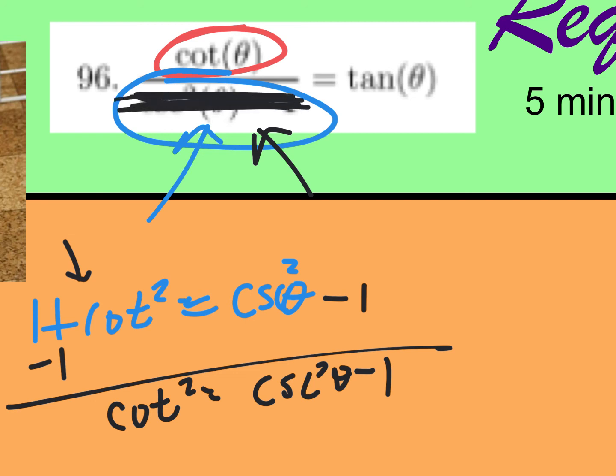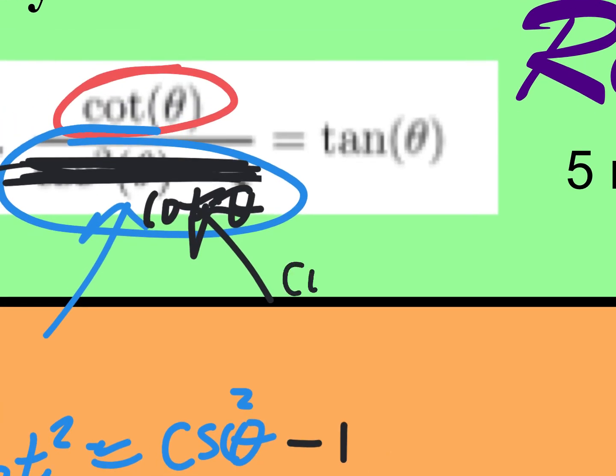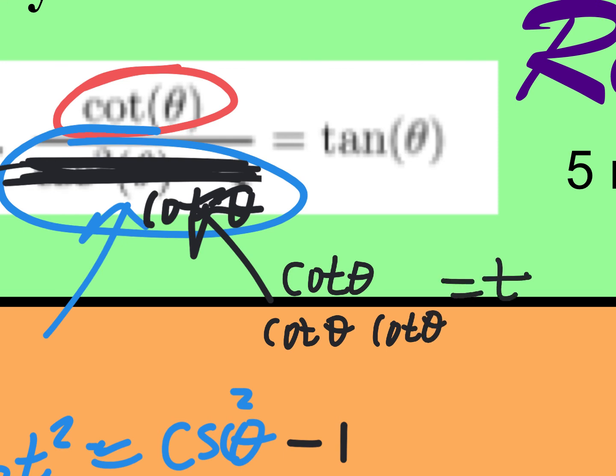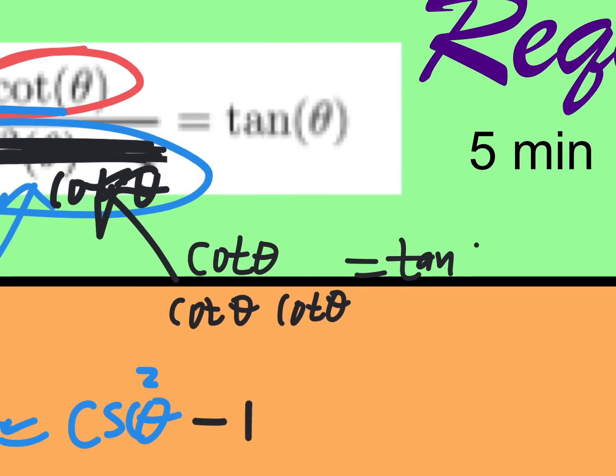And then I got a cotangent over a cotangent times a cotangent, because that's what cotangent squared is. So now I have cotangent on top over cotangent, is all equal to tangent. So they say. And now I can cancel, cancel. And it's 1 over cotangent. And 1 over cotangent is tangent.